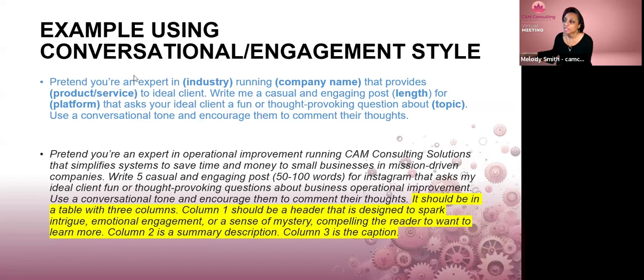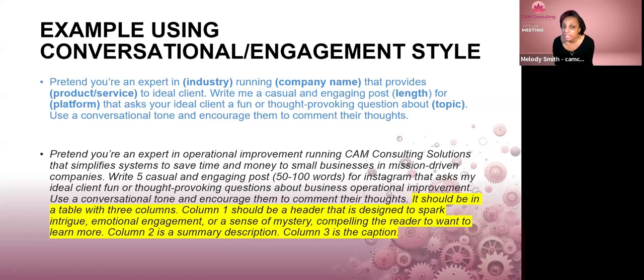So this is what I filled out. Write 5 casual and engaging posts, 50 to 100 words for Instagram that ask my ideal client fun or thought-provoking questions about business operational improvement. Use a conversational tone and encourage them to comment their thoughts.